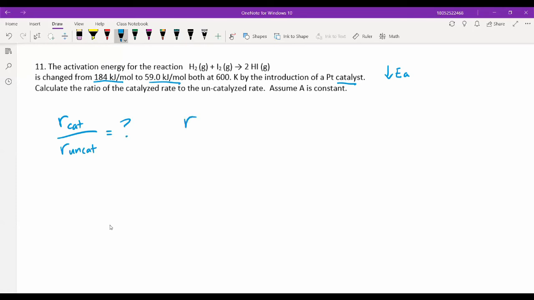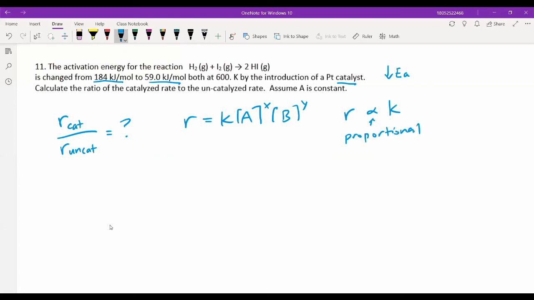So because rate is K times A to X, whatever, maybe there's two reactants here, it doesn't matter. The rate and the K are proportional. So that's what this little fish means. It's a proportional fish.